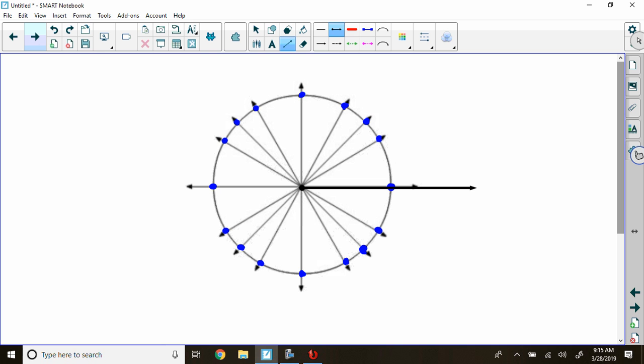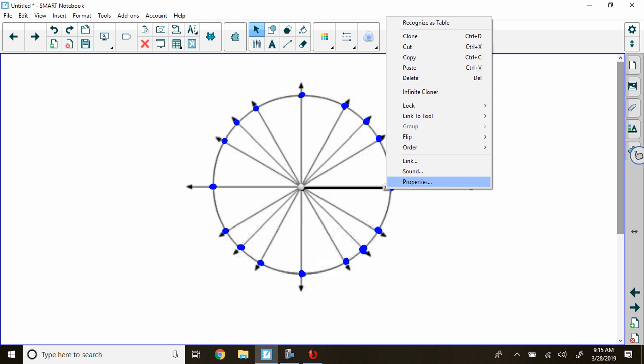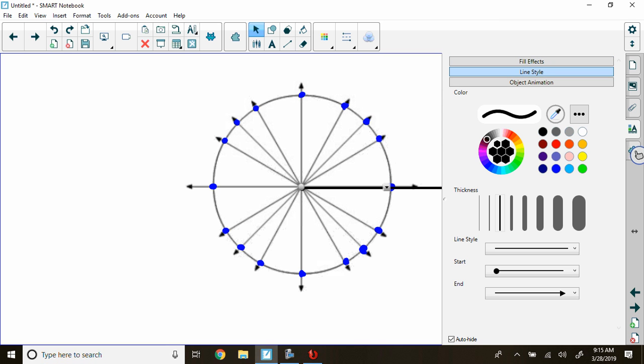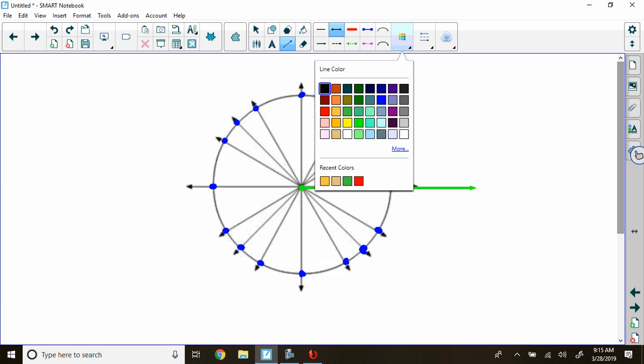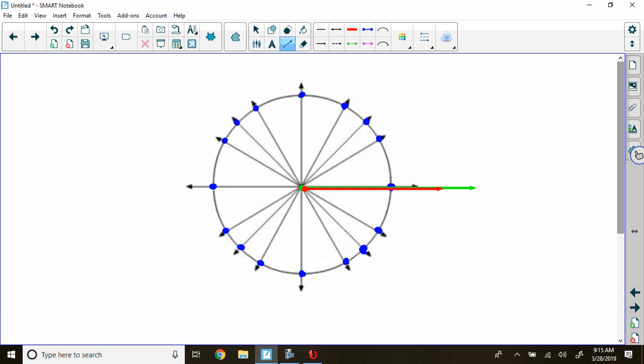So anyway, I want to go ahead and make my green initial ray. So we'll make that green. So there's my initial ray. I'll get my terminal ray going. So that first angle right there, the one where the initial ray and the terminal ray are coterminal, anybody know the measure of that in degrees?